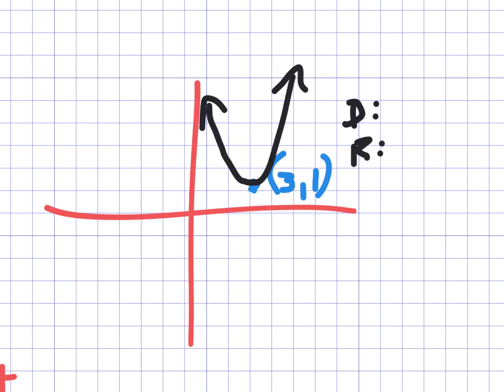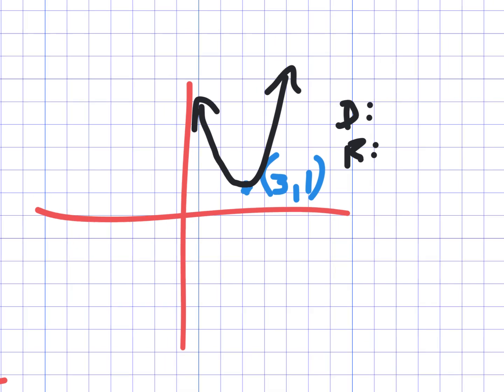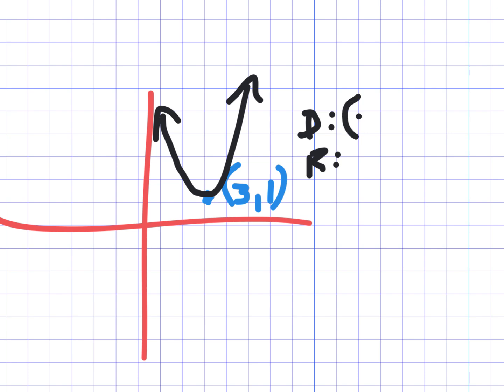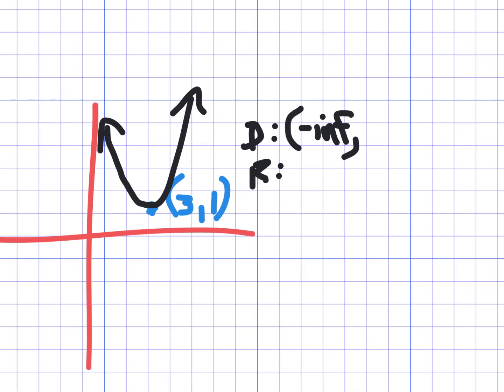What's the range? You describe what domain is. How far to the left does this go? It goes negative infinity. So many kids put positive infinity right there. Negative infinity. How far to the right does it go? Yep. You can use this symbol or INF.